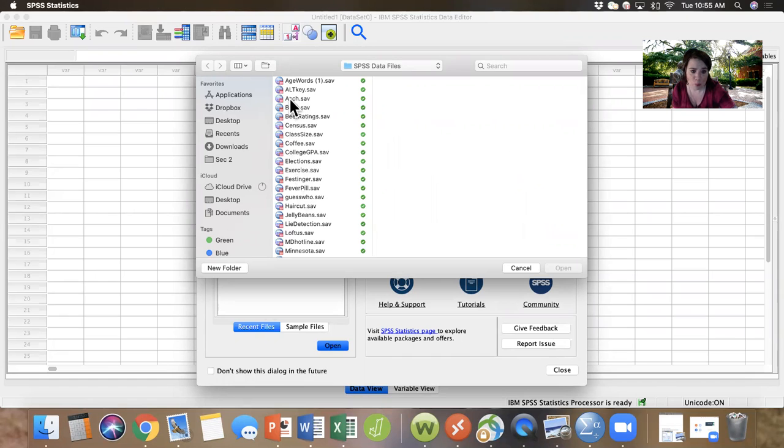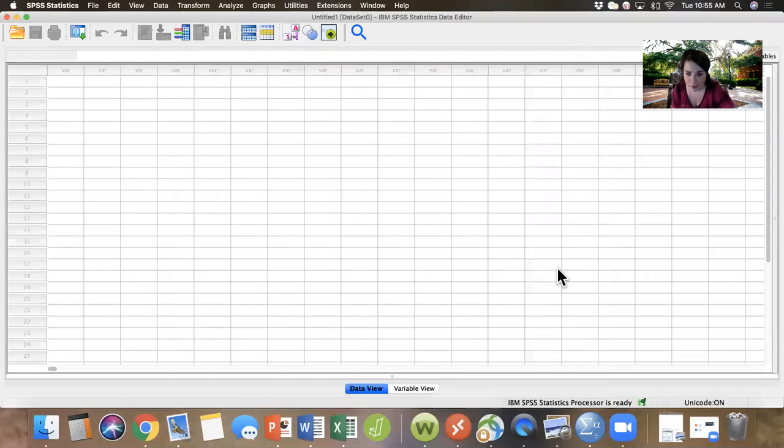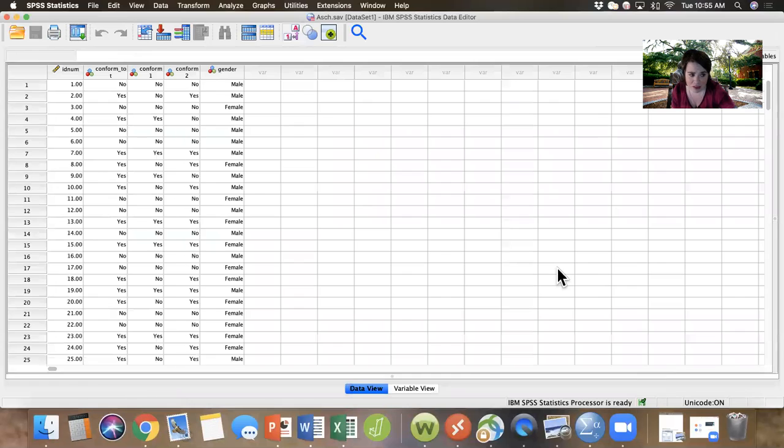Because we are working with data that attempts to replicate Solomon Asch's study, I'm going to select ash.sav, and you can find this on the Canvas website. Just make sure that you download it and save it to your desktop or somewhere else on your actual computer before you attempt to open it. Then I'm going to click open, and now I've got my data set.